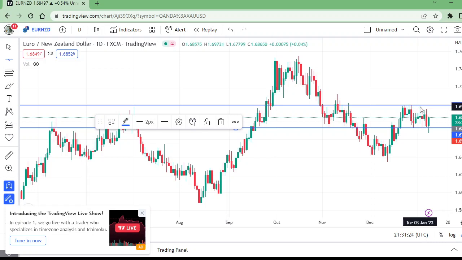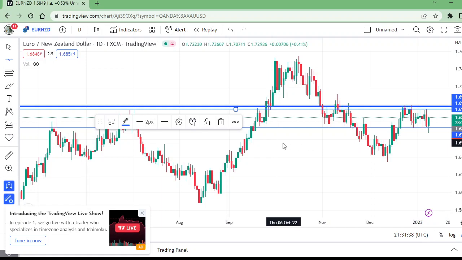Here it was the lower high. Okay, this was the high, this was the lower high, and then this was the lower high 2, and this was low, this was lower low 1, this was lower low 2, and now the market will be coming for lower high 3.